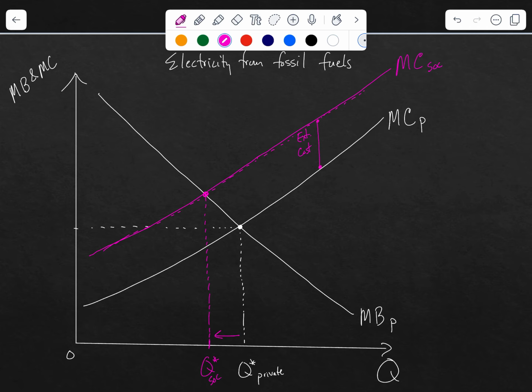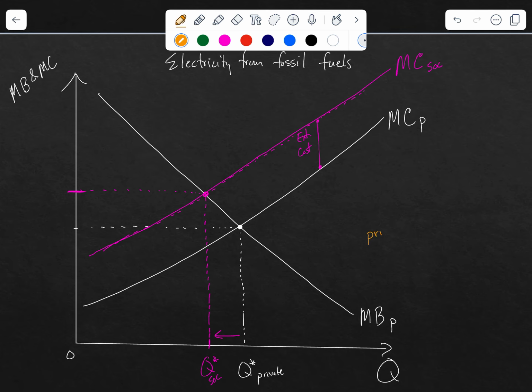And that's what we can see here, right? That the socially optimal output level is less electricity. And how do we ration less electricity among all the people? Well, ultimately it would cost more, right? There would be a higher price for that electricity. And so the problem from not incorporating, not internalizing or addressing those external costs is that we have a problem with overproduction, right?